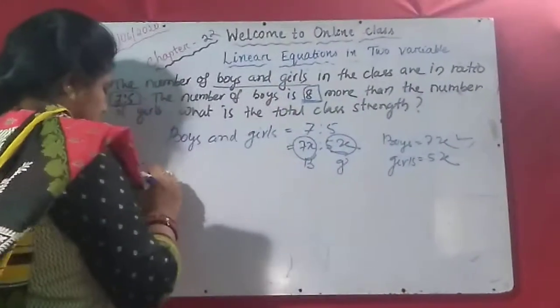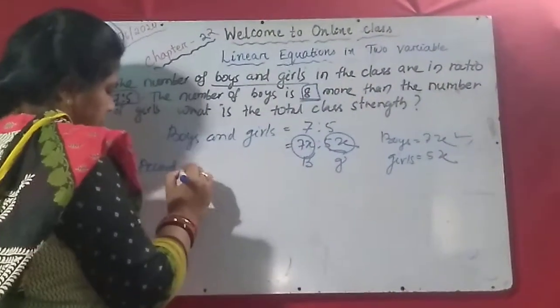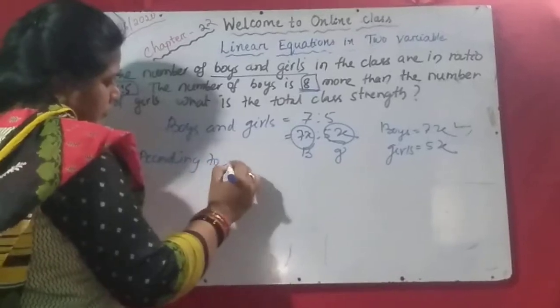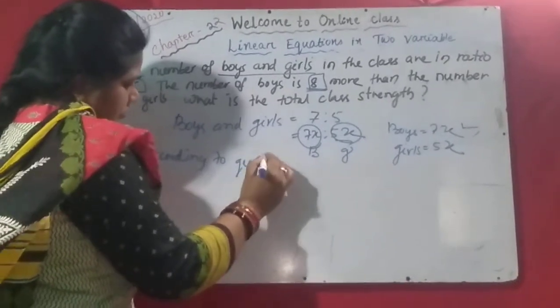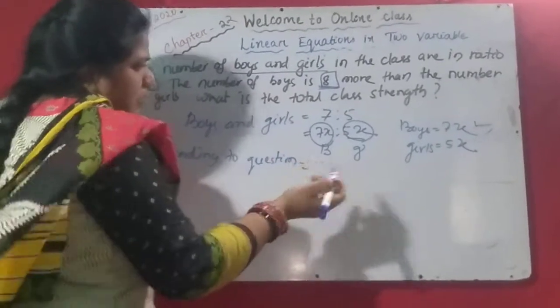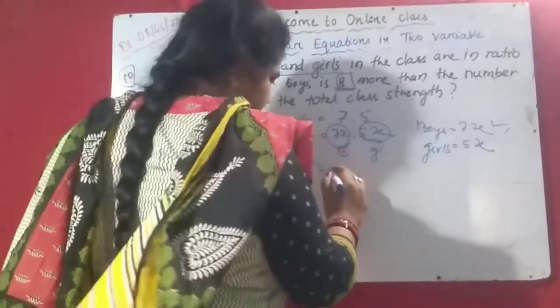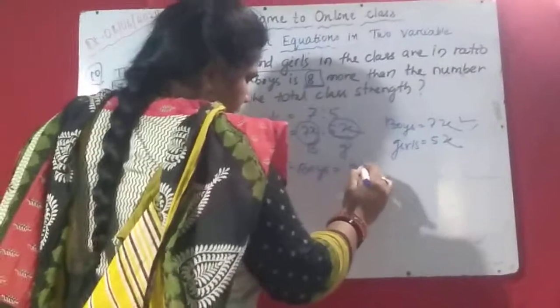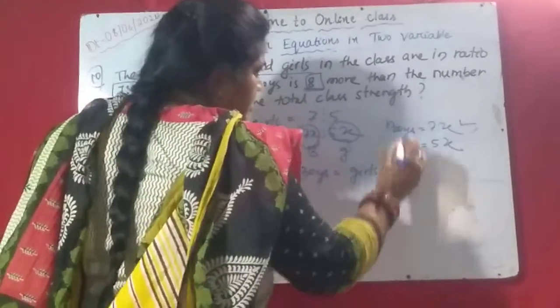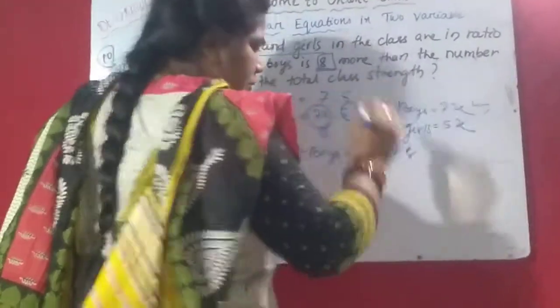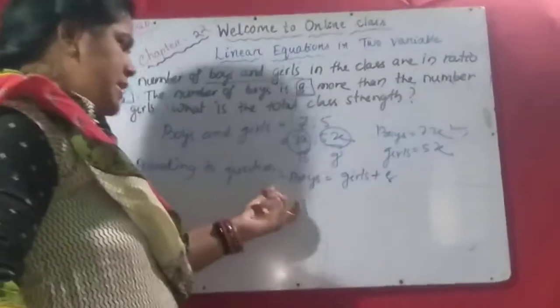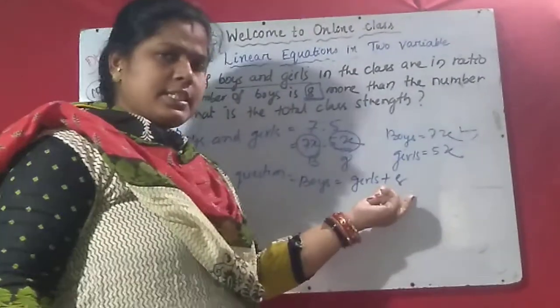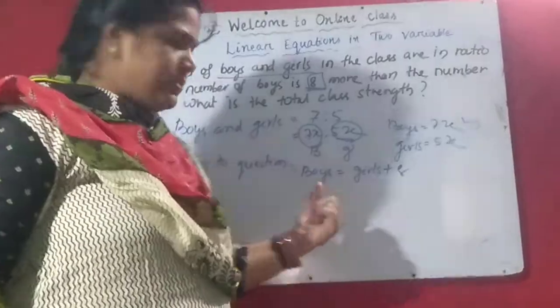That means, according to the question, boys equal girls plus 8. The number of boys is equal to girls plus 8, so they have the same strength.